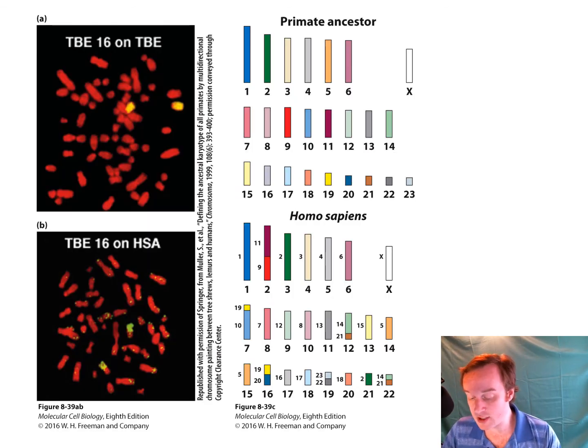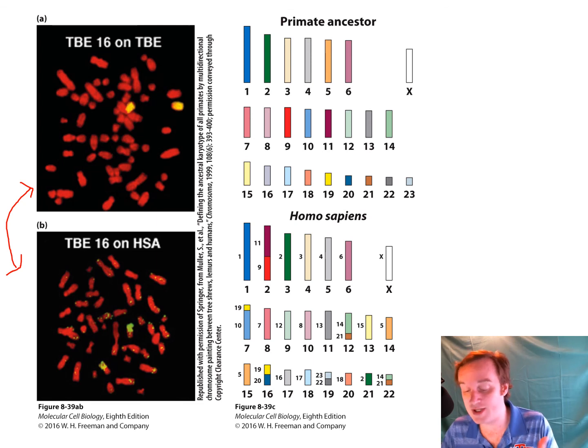So another thing that we can do with this FISH assay with chromosomes is to compare the evolutionary history of chromosomes. In the example on the left here between A and B, we see that there are 2 karyotypes. The top one is a tree shrew, and the bottom one is a human karyotype, excuse me.